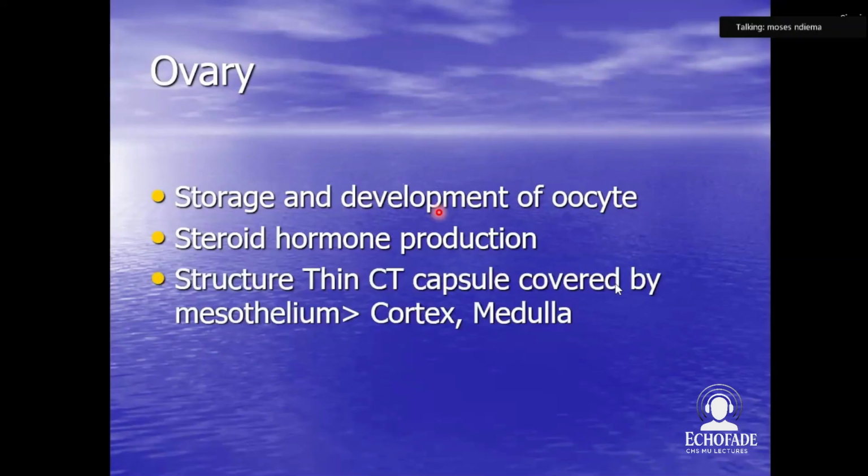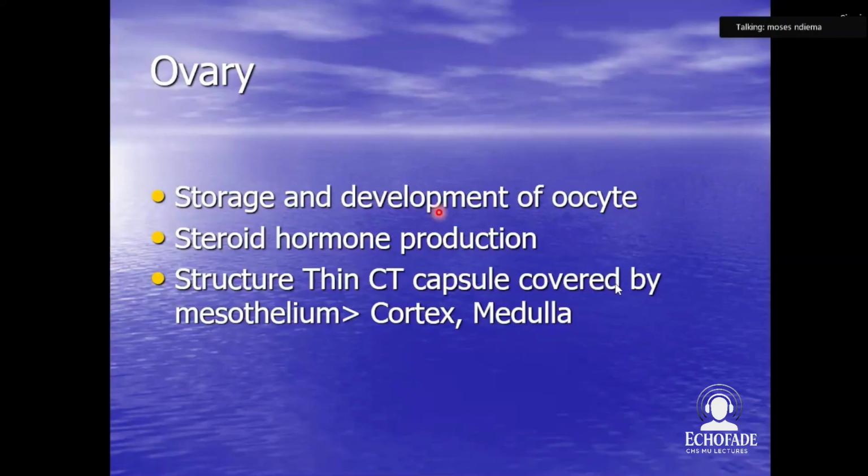For the structure, the ovary is covered by a thin connective tissue capsule, which develops immediately below the coelomic epithelium, just like what we saw in the testis. This thin connective tissue capsule we refer to as the tunica albuginea, the same as what we called it in the case of the testis.